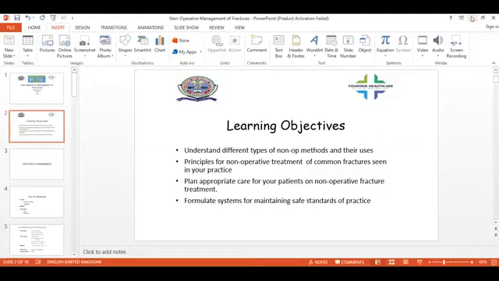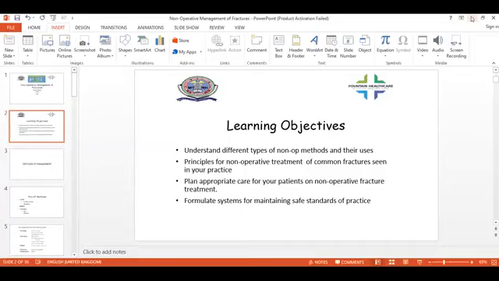So the biggest question you have to ask yourself when you have a fracture to manage non-operatively is guided by the goal of treatment and the goal of reduction. Now, the goal of reduction will be dictated by, one, is the fracture displaced?